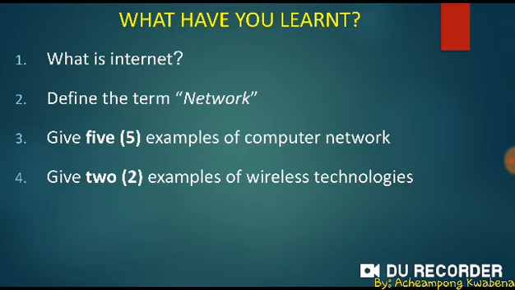So an example of a computer network is what we listed in our lesson. We made mention of LAN, that's a local area network. Then 4, you will give 2 examples of wireless technologies.